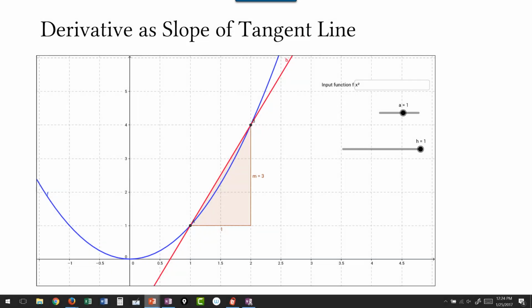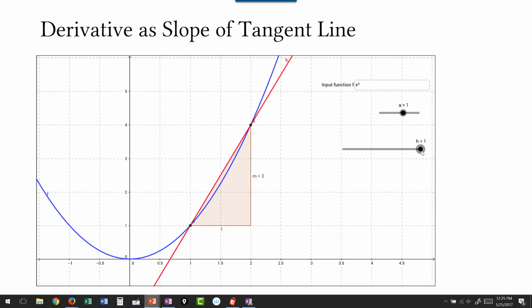Here is a useful applet that if you open the PowerPoint presentation, you can play with on your own, and it's a way of visualizing the derivative of a function. So the derivative of a function is the slope of the tangent line, and the difference quotients represent slopes of secant lines.